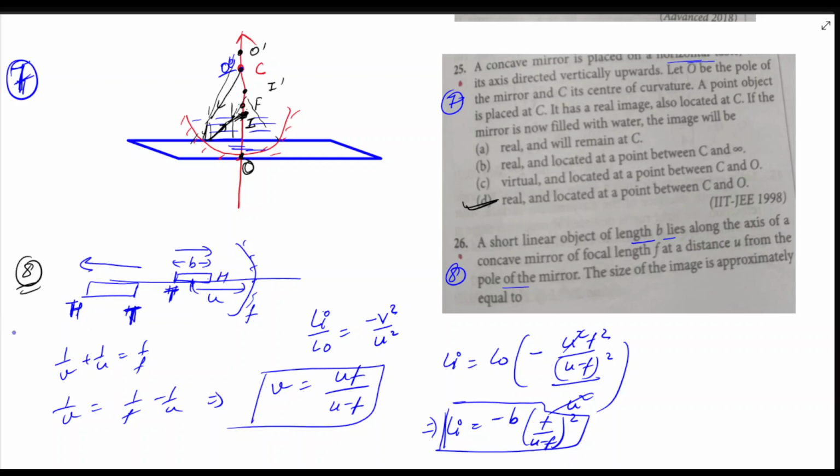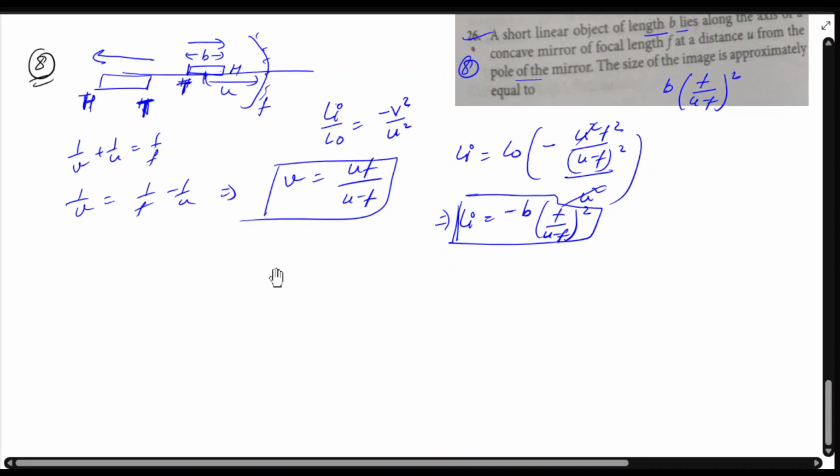So the negative sign just shows that they will be in opposite orientation. That's all. There were many options, so it will be b into f upon u minus f, whole square. Again, quite interesting question, but easy, right?